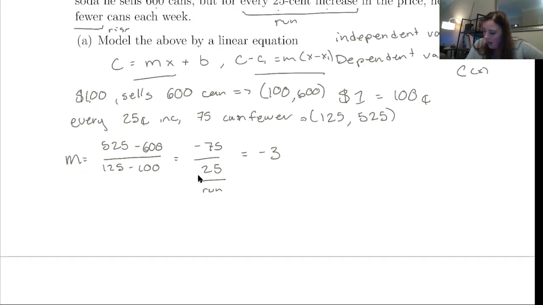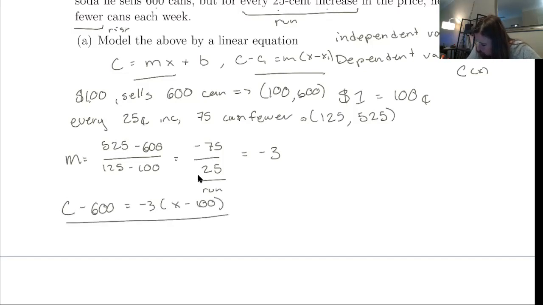I have my slope, so I can do either one. Which one should we choose? Let's use point slope, right? So that's going to be C minus 600 equal to negative 3 times x minus 100. And that's our linear equation.